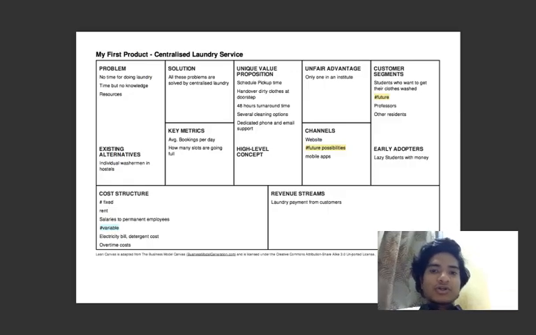Then we look at the unique value proposition or unique selling proposition of our business. The unique qualities are, we can schedule pickup time: customers, while booking, can schedule when they want to give their clothes and at what time the person will come and pick up.